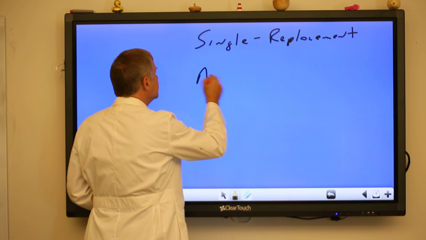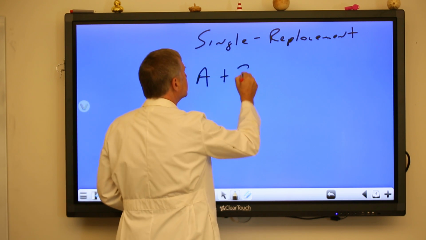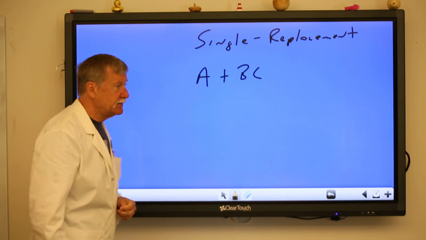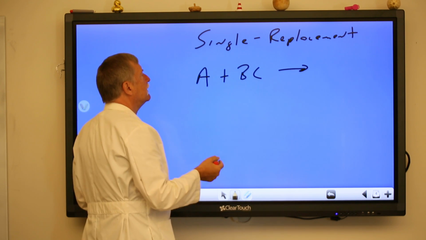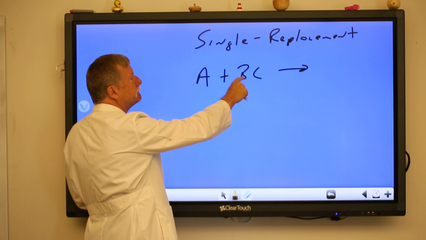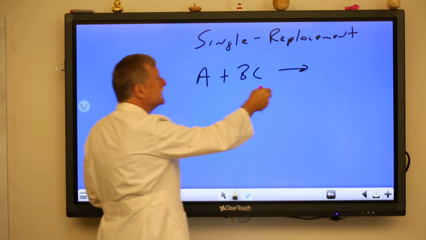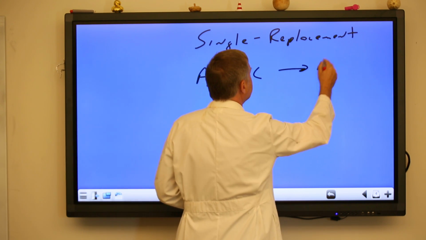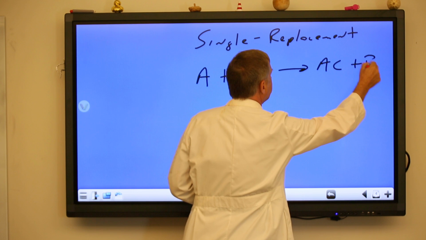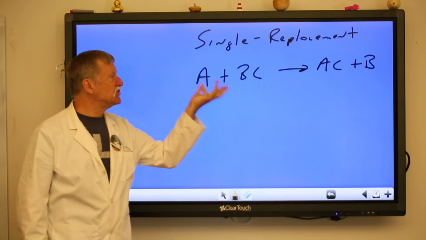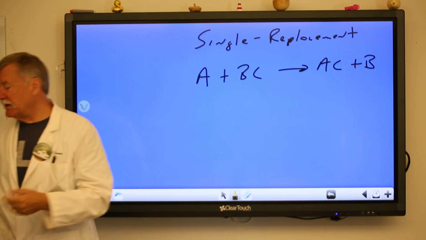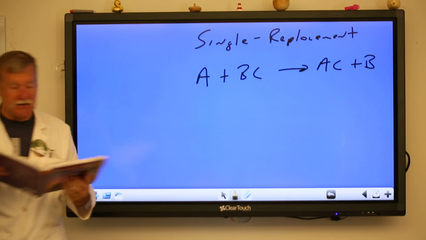You have some sort of reactant plus another reactant, and we see a switch happening, all right? We see that this element here is going to get replaced so that we have AC plus B, all right? One switch in the idea, single replacement, all right?